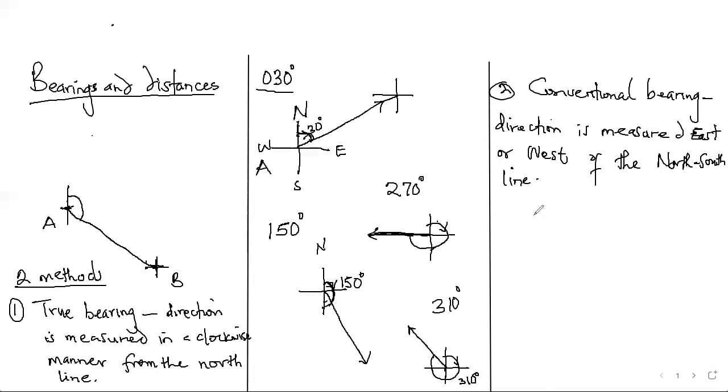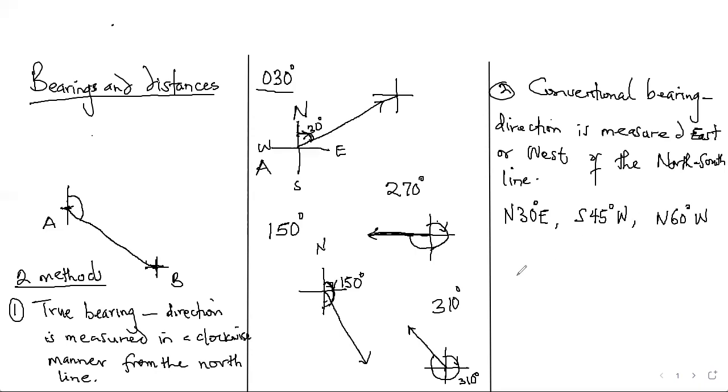If I want to measure a bearing using this method, the bearing is usually given in this form. Maybe you have north 30 degrees east, south 45 degrees west, or north 60 degrees west, something like that.